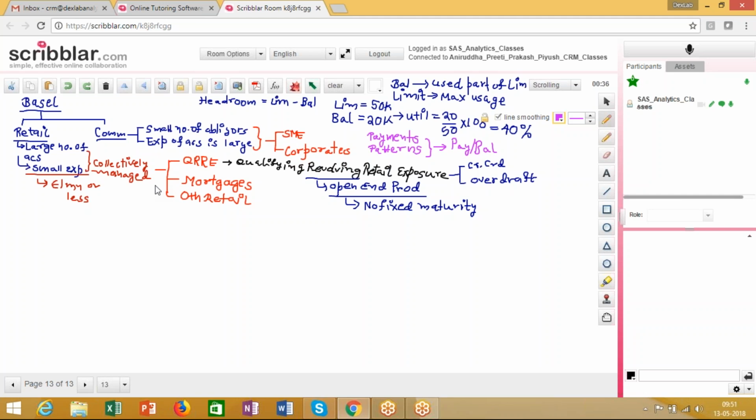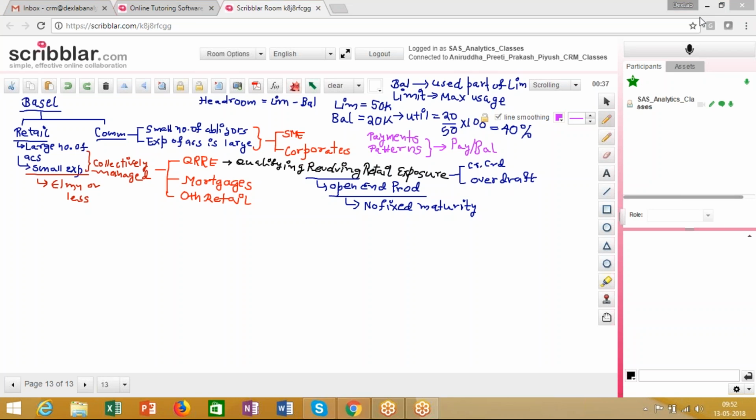On the other hand, if a guy has a very high utilization followed by a very low payment balance ratio, then I know that this guy has a very high utilization of the credit, but he's giving back hardly anything. So by looking into the payment balance patterns and the utilization patterns, we can make out whether the borrower in the revolving retail exposure is more risky or less risky.